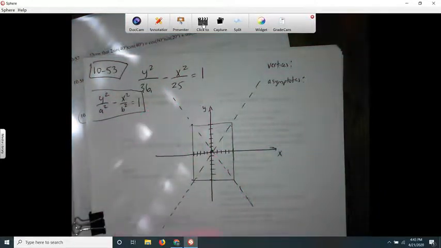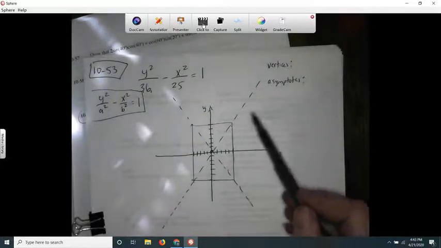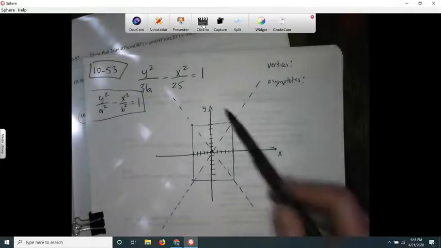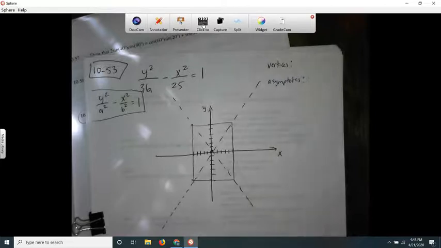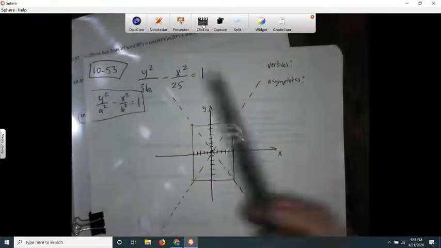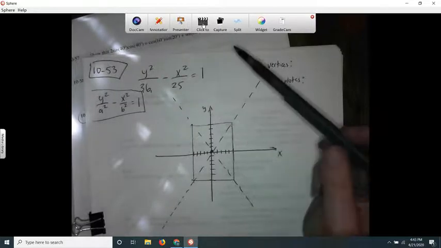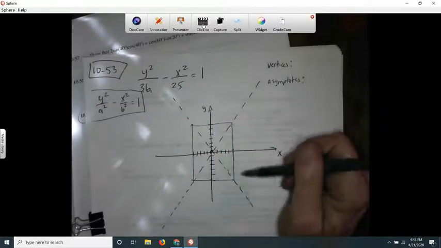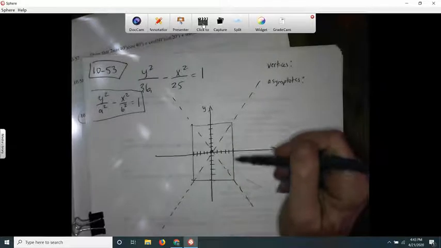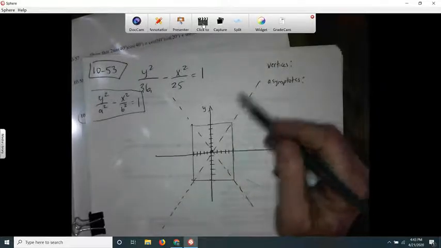Okay, and then how do I know if I have to go this way or if I go up and down? Well, I look at which one is positive. The x has the minus sign with it, so I can't have an intercept there.